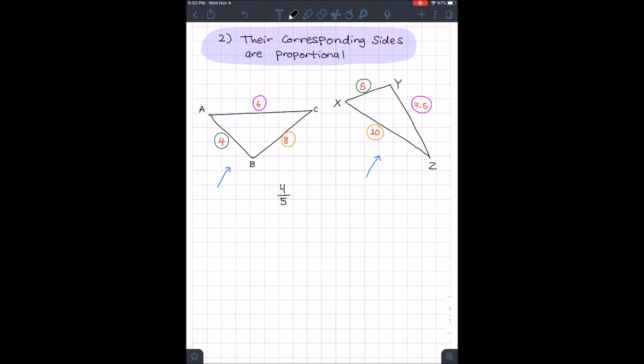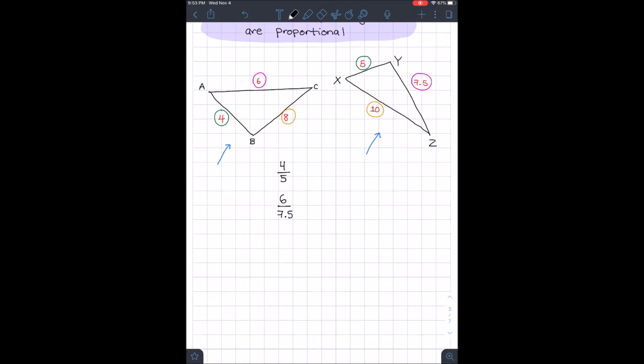So I'm going to write a fraction, 4 over 5. That's one pair of sides. Let's do the second pair. 6 over 7.5. And the last pair, 8 over 10.